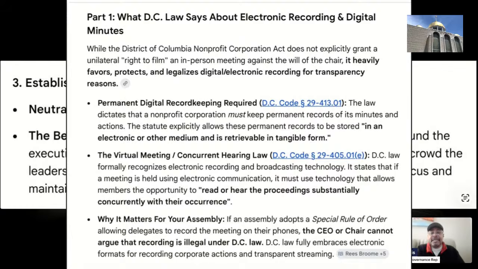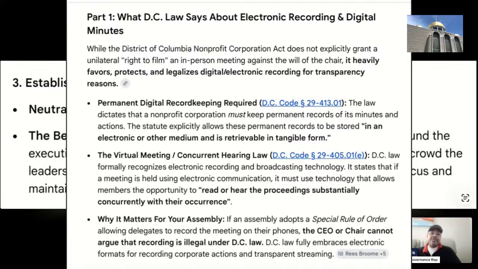It states that if a meeting is held using electronic communication, it must use technology that allows members the opportunity to read or hear the proceedings substantially concurrently with their occurrence, to listen to it along with the actual meeting itself, right?